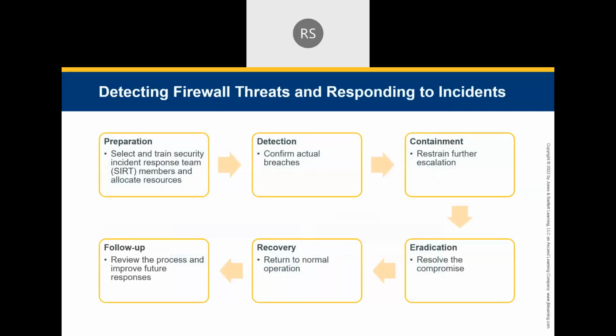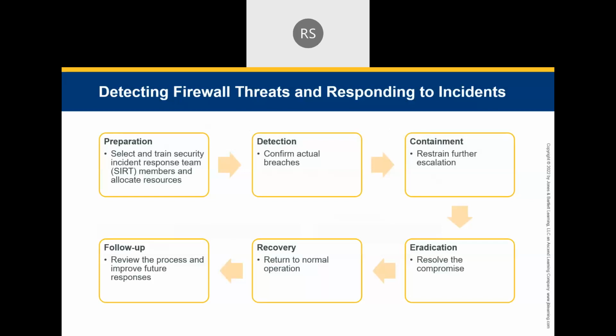Now, when we're detecting firewall threats and responding to incidents, the first step in that is preparation. So you want to select and train members of your security incident response team and allocate necessary resources for incident response activities. You also want to confirm actual breaches by monitoring firewall logs, network traffic, and security alerts for suspicious activities.